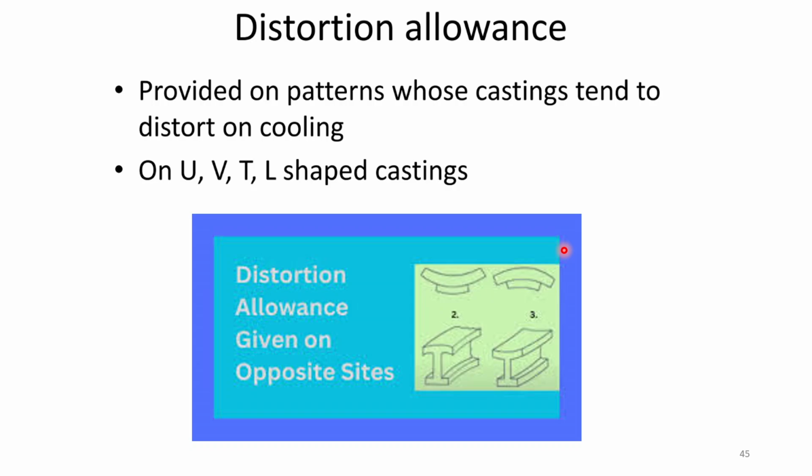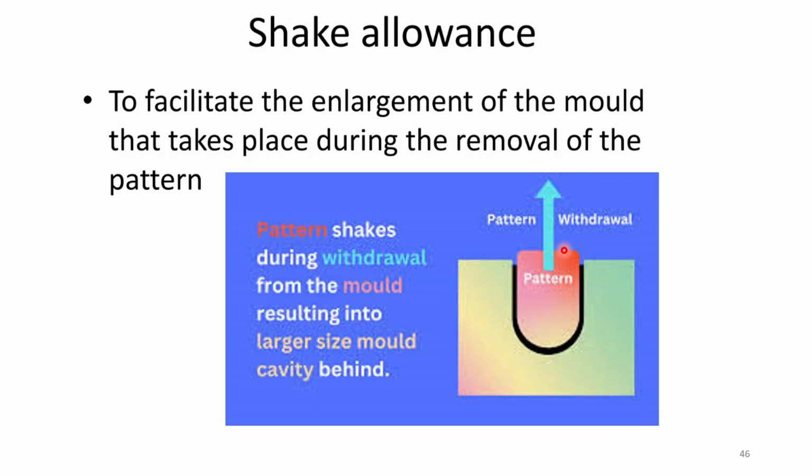Next is shake allowance. When you take out your pattern from the mold, what happens? Your sand will be attached to the pattern, so for removing it you need to shake your pattern to get it out. Because of this shake, your mold cavity becomes bigger compared to your pattern size.